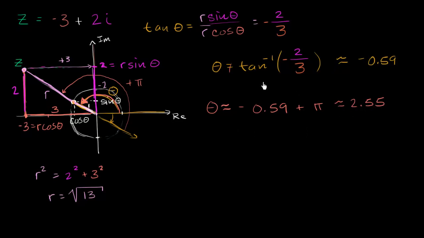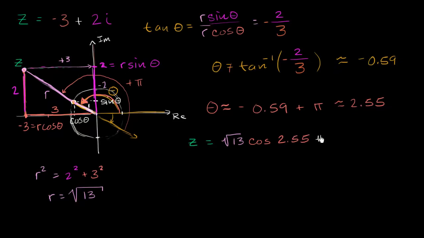So using that information, we can now rewrite z in terms of r and our theta. So now we can say that z is equal to, instead of negative 3, we can write it as r cosine theta. So we can rewrite it as square root of 13 times the cosine of theta, which is, we're saying theta is roughly 2.55 if we round to the nearest hundredths, plus 2, we already know, is r sine of theta.